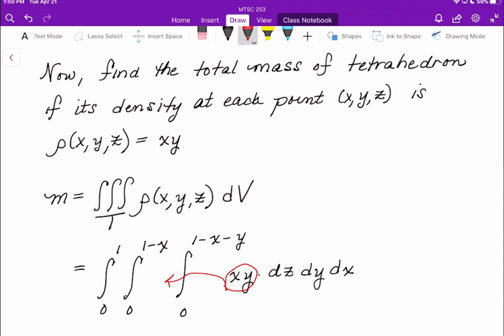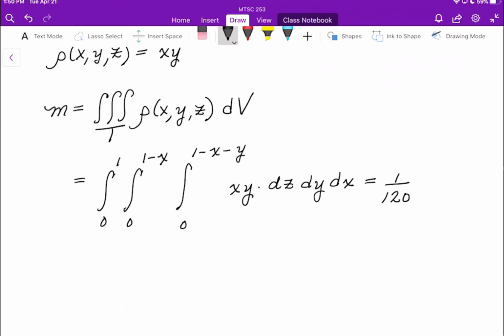I can even pull the x through, but what I can't do is pull the y. This answer turns out to be 1 over 120.